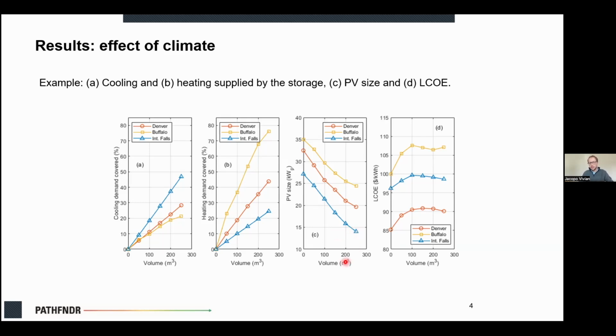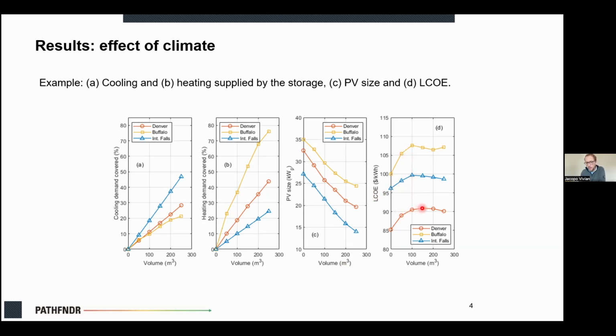Because as I told you before, part of the cooling that you save through the ice storage could be provided for free. So it doesn't make sense to increase the size of the PV system too much when you have an ice storage, and vice versa. If you have a PV system, you probably don't need to increase the storage volume too much.